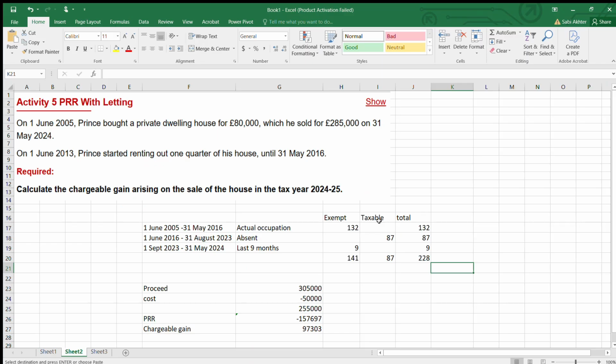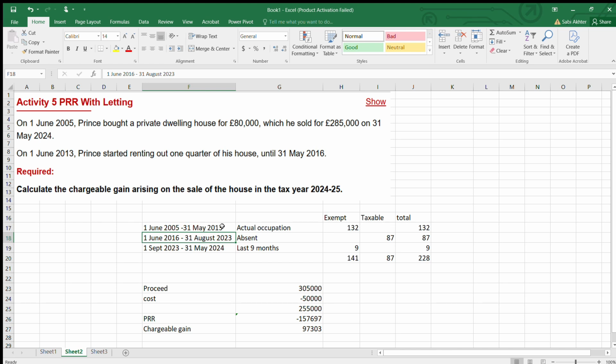So activity 5. As I told you in activity 4, we need the 5 columns. So this I've copy pasted from activity 4. Now, from 1st June 2005 to 31st May 2013, I will just change the year.